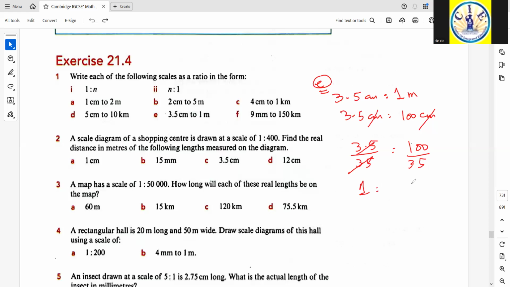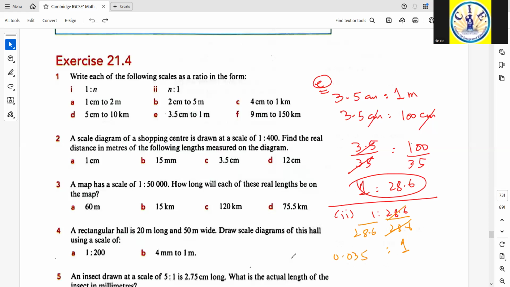So this is 1 ratio 28.6. And now for the second part, 1 ratio 28.6, I need to divide it by 28.6, and this is also to be divided by 28.6. So it would be 1, and this would be 0.035. So that is the n ratio 1 form.